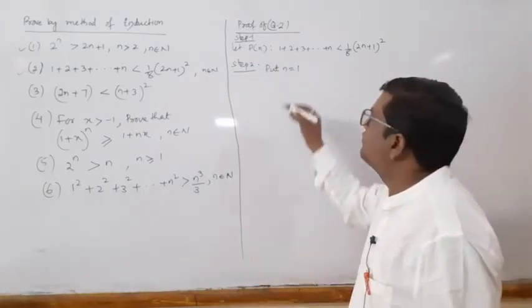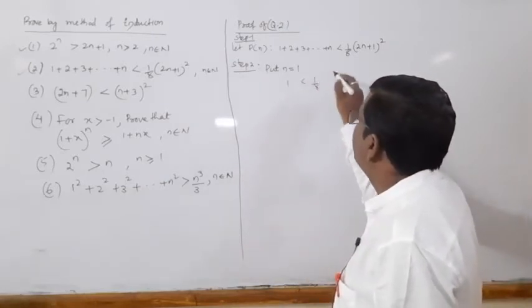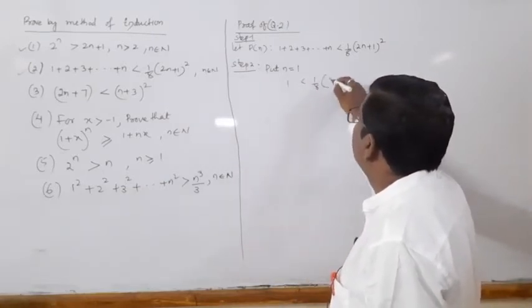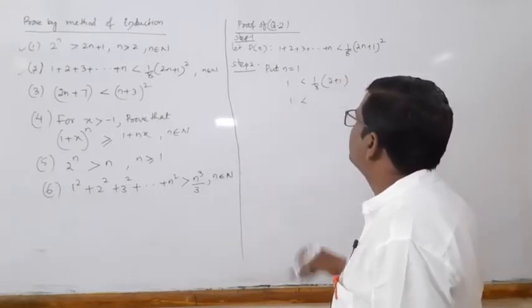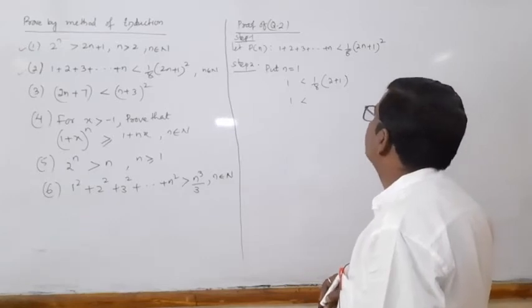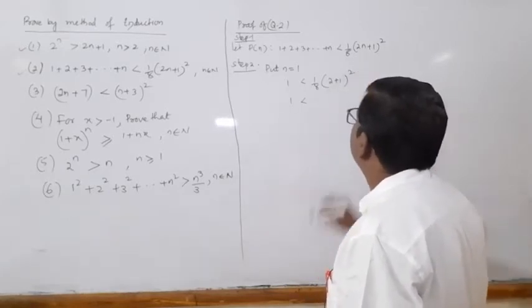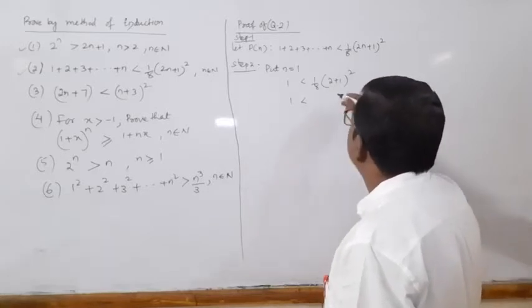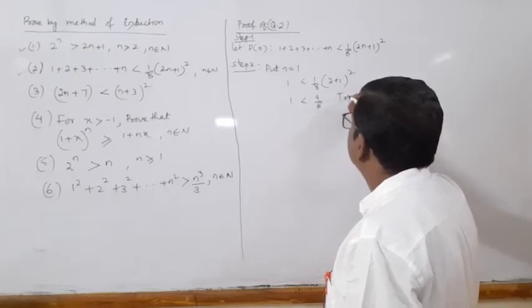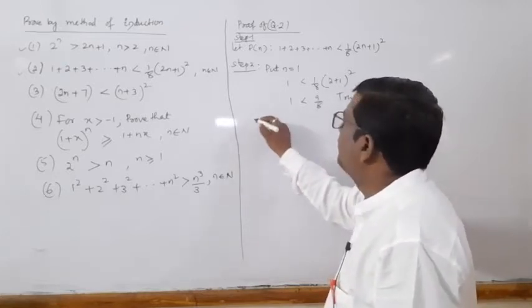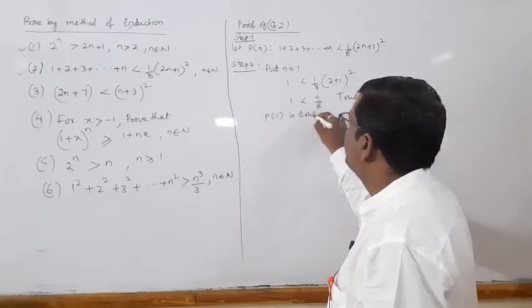The left side is 1, which is less than 1 by 8 into (2 plus 1) whole square, that is 3 square, 9 by 8. This is true. Therefore, P of 1 is true.